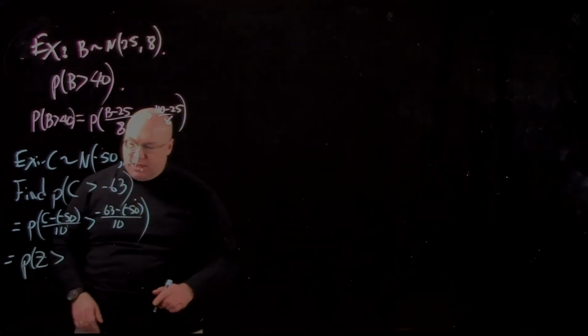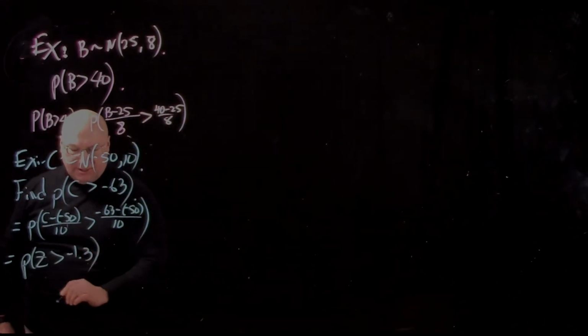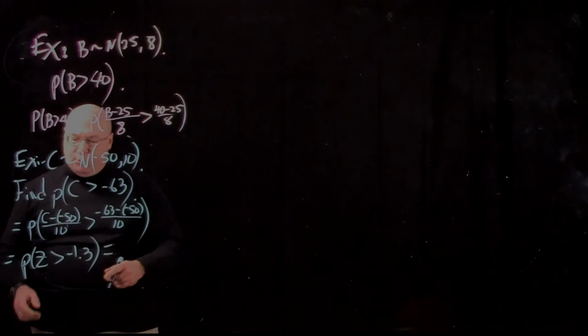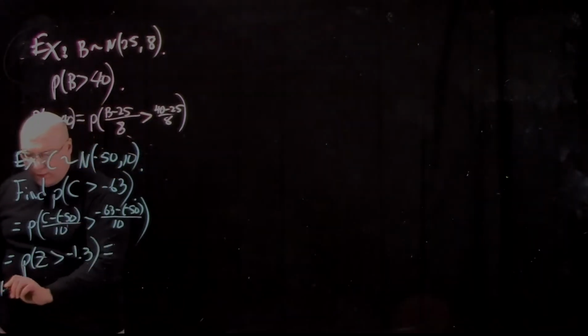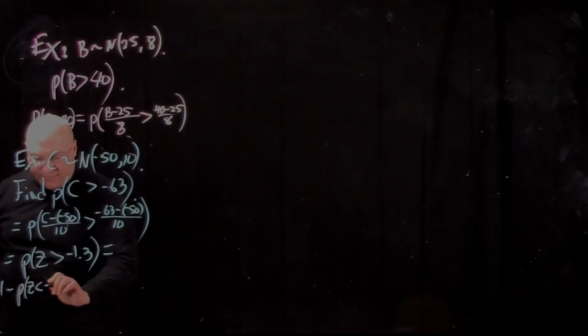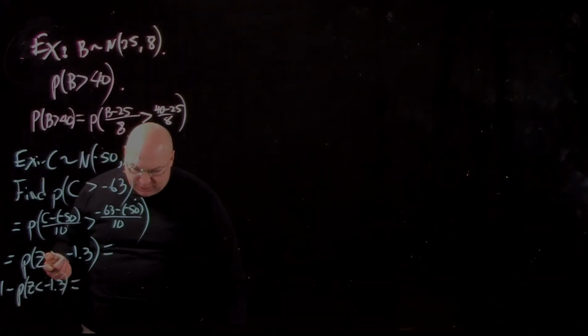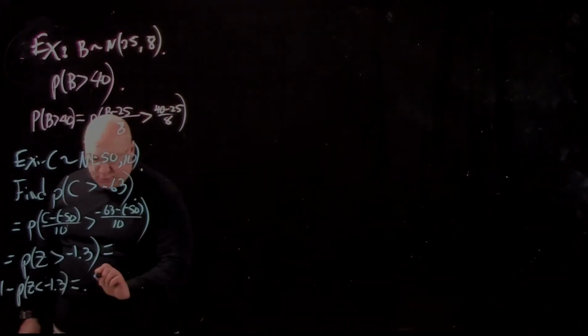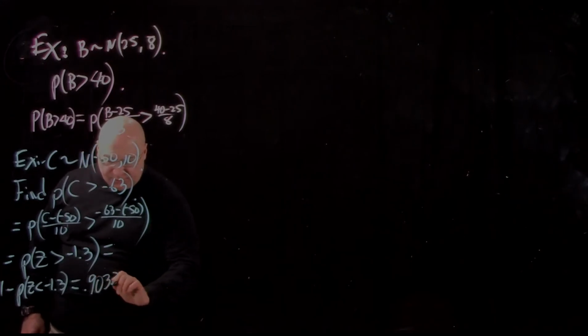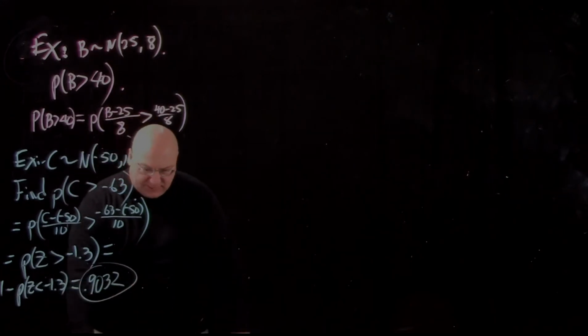Negative 13 over 10. It's negative 1.3. Again, I want area to the right, so I have to do 1 minus area to the left. And from the table, I get 1 minus 0.0968, so I get 0.9032 is the final answer.